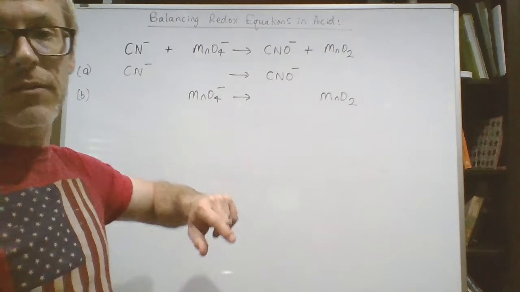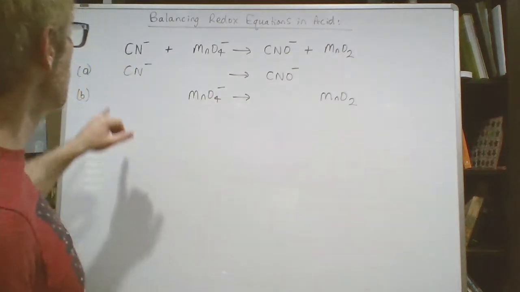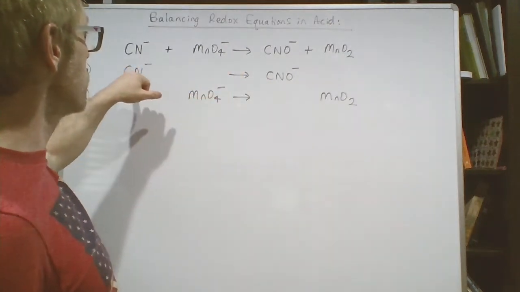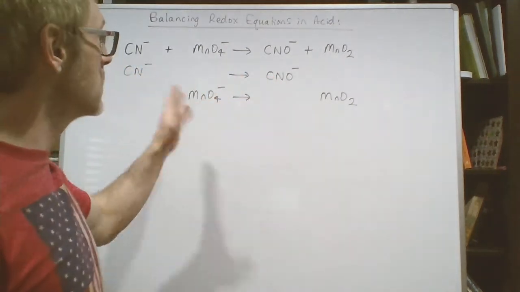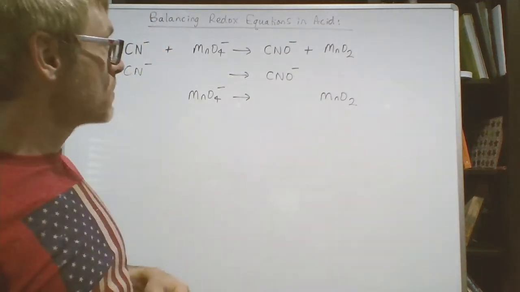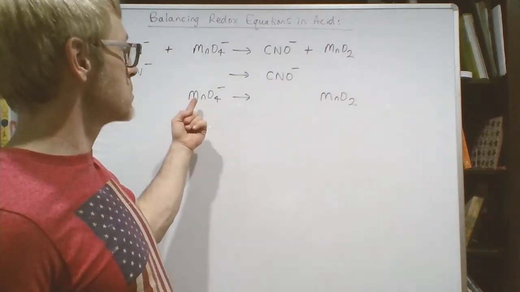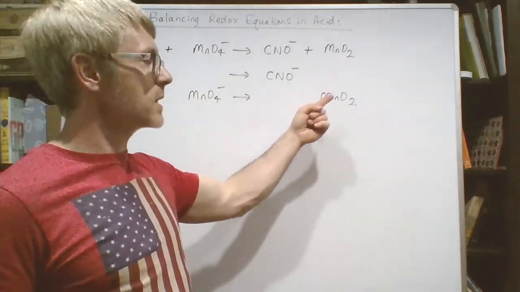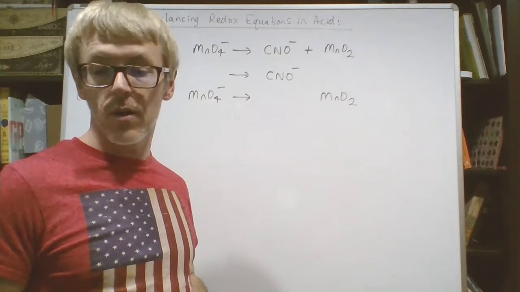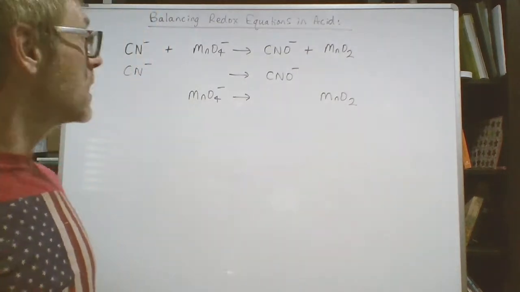Everything in black was given to me. Everything in red I'm going to be changing. So I've got carbon on either side, one of them, and I've got a nitrogen on either side. So I've balanced my non-oxygens and hydrogens for half equation A. Repeating for half equation B, I've got manganese on either side. So I've balanced my non-oxygens and hydrogens for half equation B.